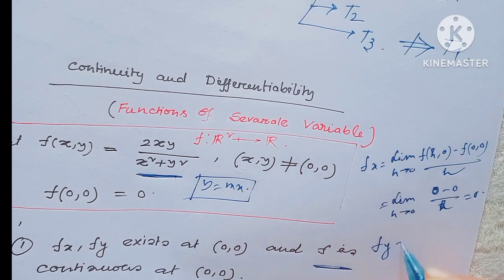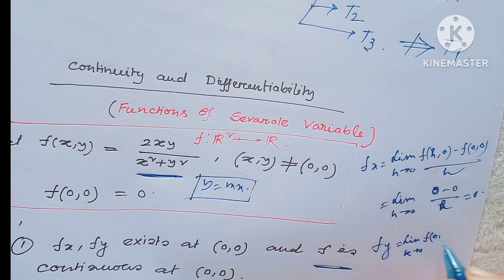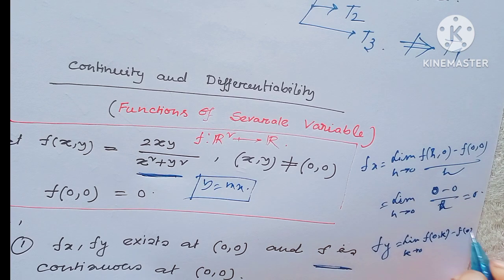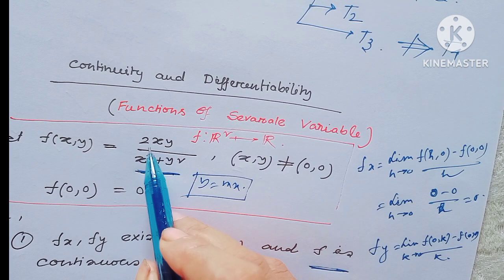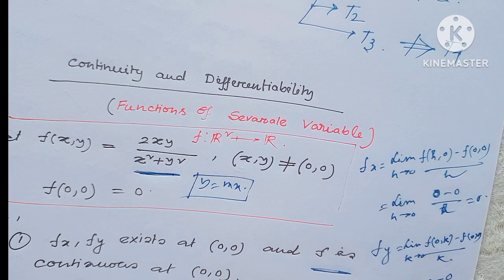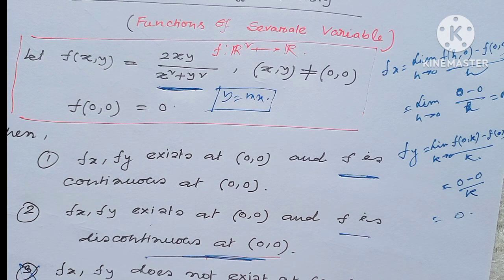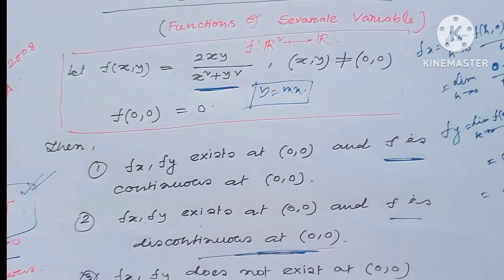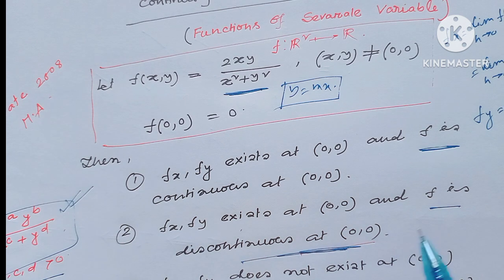And f_y means limit k tends to 0, f(0,k) minus f(0,0) over k. Just put the value, this would be 0 over k, so this value is 0. That means f_x and f_y both exist at (0,0). So option 2 is the right option.